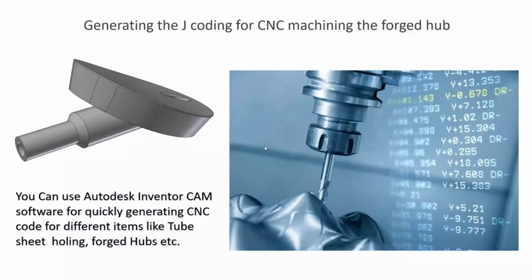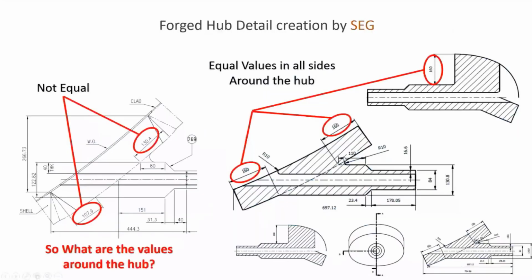But if you give him a 3D model for this forged hub, you will be sure enough that you will get the same forged hub that you fabricated 10 years ago, because it's the same part and you will get the same G-code for that part. As mentioned on the previous slide, here we are keeping the width of the lip equal on all sides.